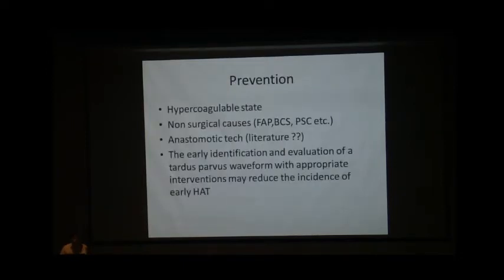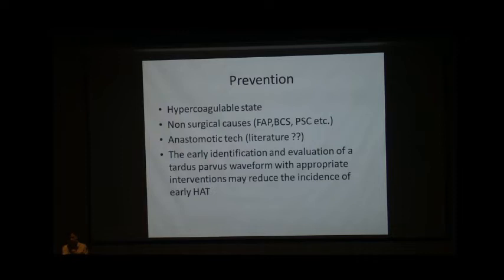Coming to prevention, because this is the area where we can alter the management of these patients with HAT. All the patients we have discussed, that is hypercoagulable state, non-surgical patients like familial amyloid polyneuropathy, BCS, and primary sclerosing cholangitis, and all other metabolic disease patients, they will have hypercoagulable state.